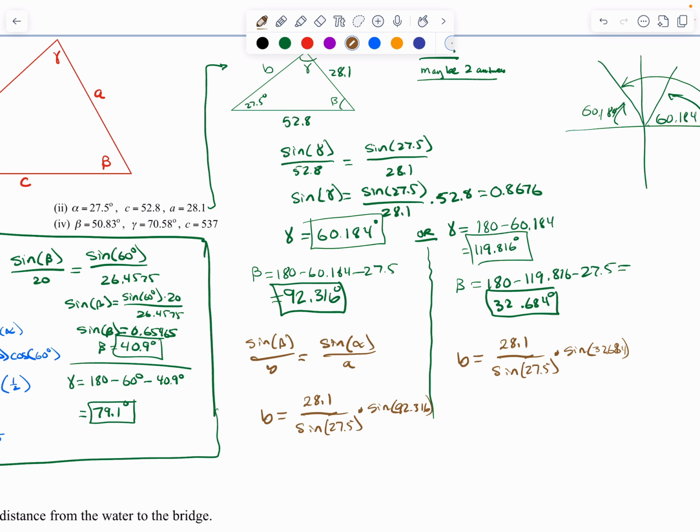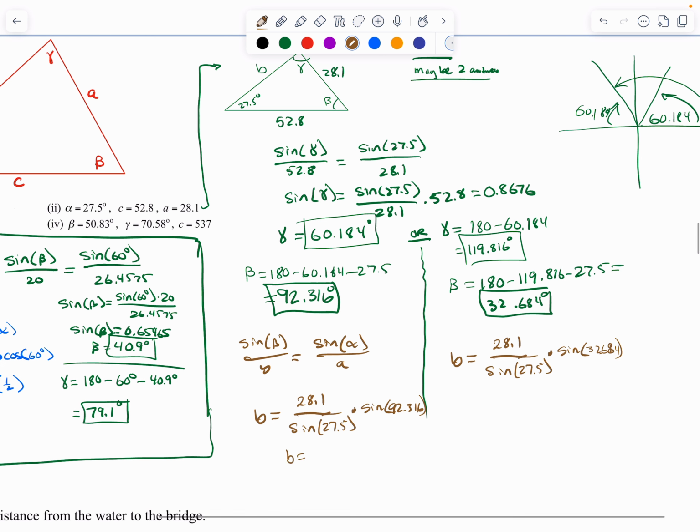Okay, so this I'm getting b is equal to 60.8. And this one, okay, crud, clear, 28.1.